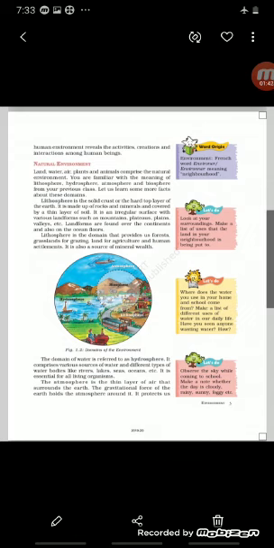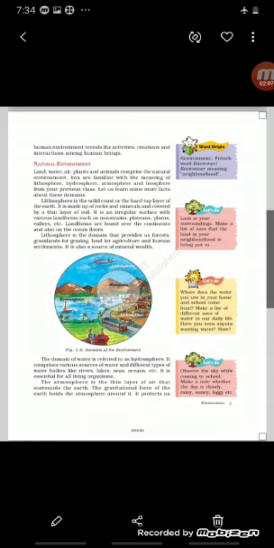Natural environment: land, water, air, plants and animals comprise the natural environment. You are familiar with the meaning of lithosphere, hydrosphere, atmosphere and biosphere from your previous class. Let us learn some more facts about these domains. The natural environment consists of land, water, air, plants and animals.